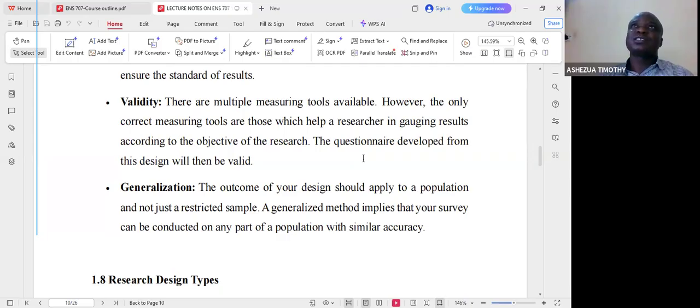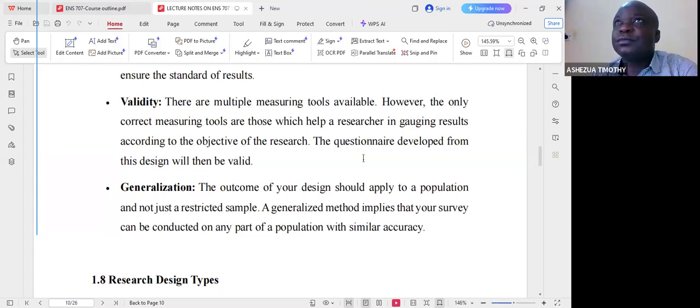The design should be in such a way that if you are looking at Benue, you should cover the whole Benue, not be restricted to a particular sample of the population. Be able to generalize. So a generalized method implies that your work can be conducted on any part of a population with similar characteristics.